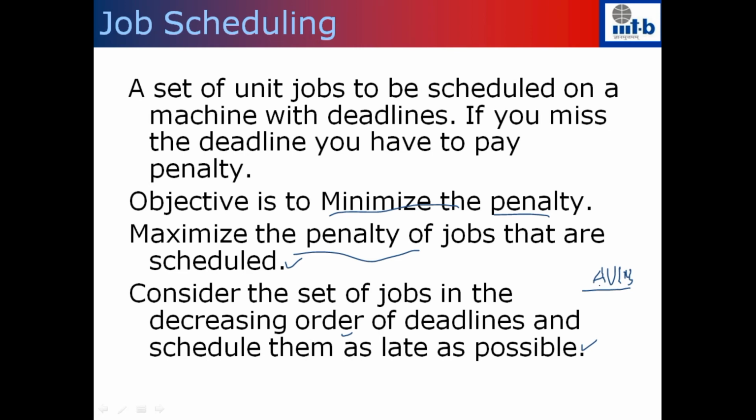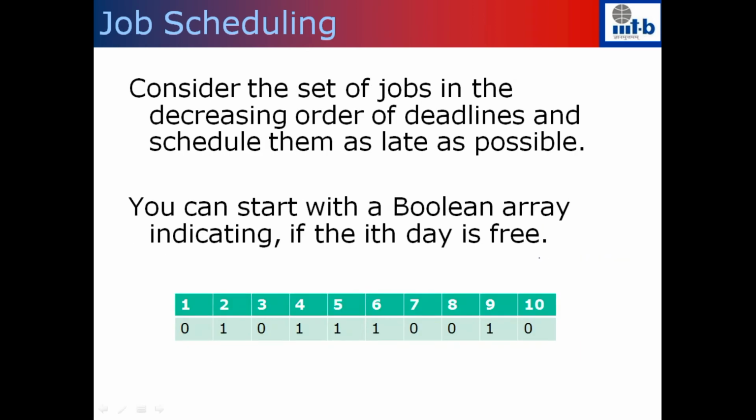you can imagine that there's an array of days, and initially everything is going to be 0. We want to know whether a particular day is free or our schedule has already scheduled something. We'll have a boolean array.